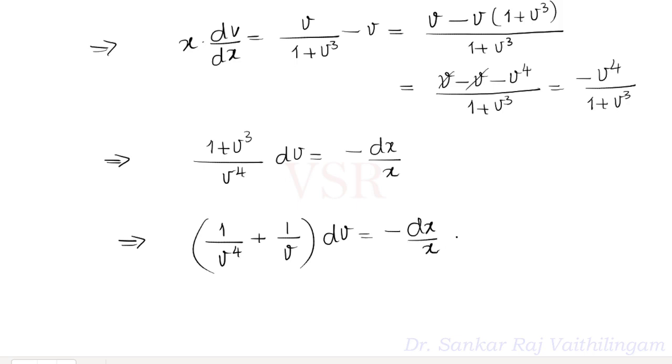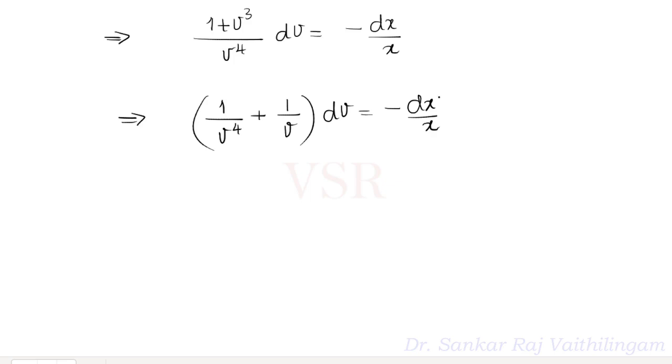Now let's integrate. So here we'll have v to the power minus 4 into dv, and on integration what we get is v to the power minus 4 plus 1 divided by minus 4 plus 1, which is equal to v to the power minus 3 divided by minus 3, which is equal to minus 1 divided by 3v cube.